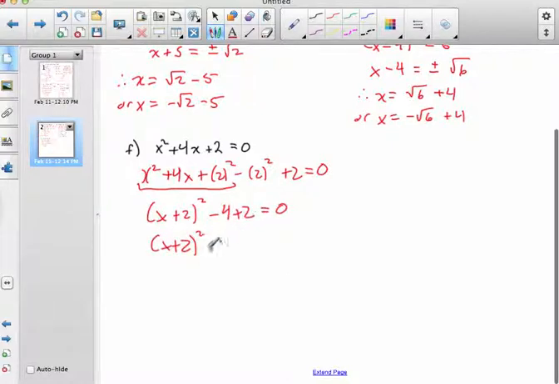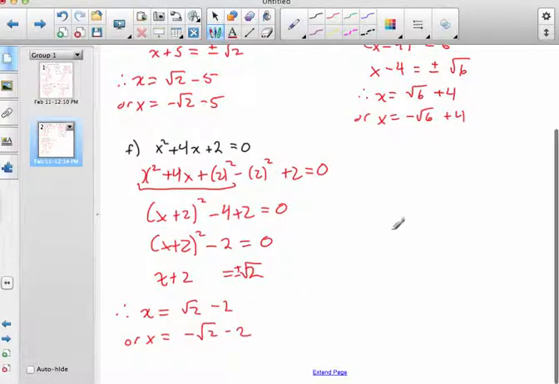Minus 4 plus 2 is plus 2, sorry, minus 2. Minus 2 equals 0. So x plus 2 is going to equal positive 2. Therefore, plus or minus square root of 2. Skipping too many steps. Therefore, x is equal to root 2 minus 2, or x is equal to negative root 2 minus 2. And you're done.